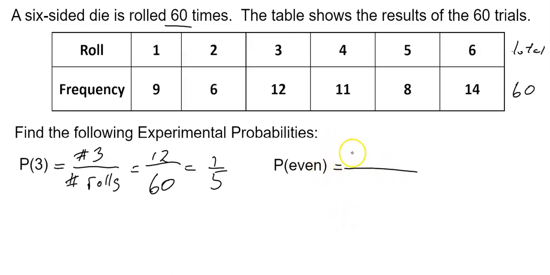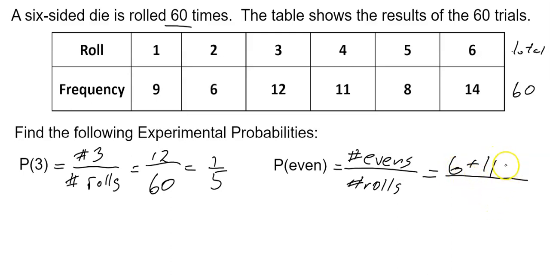So the probability I rolled an even is the number of evens over the number of rolls, because again, I want the experimental probability. So our evens, we rolled 6 2s, we rolled 11 4s, and we rolled 14 6s, and we made 60 rolls.